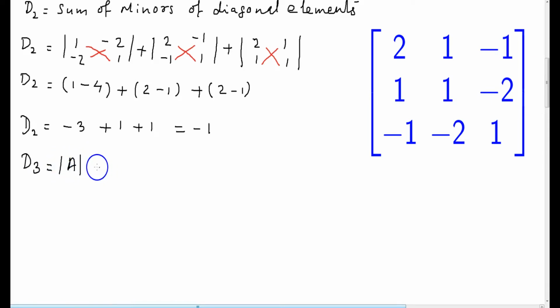d3 equal to determinant of A. Determinant of a 3 by 3 matrix is given by A11 into minor of A11.